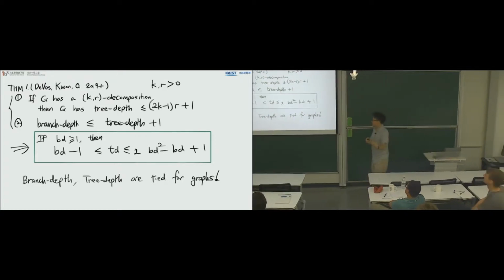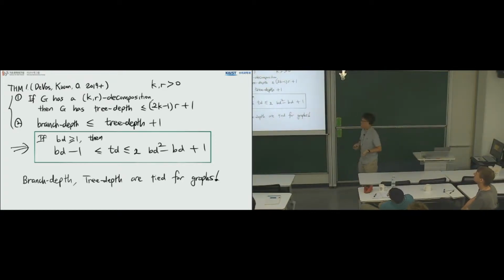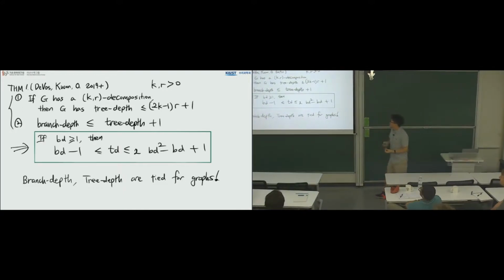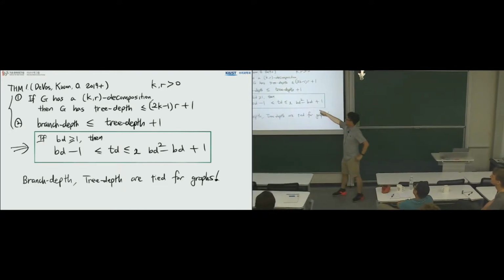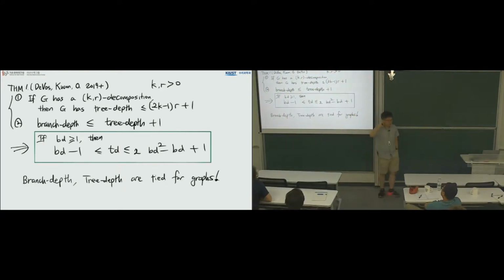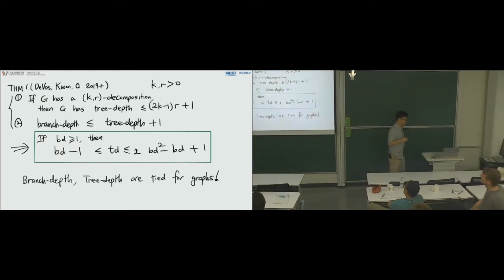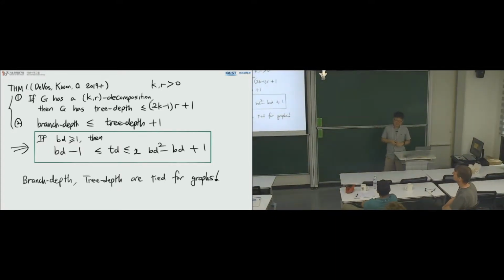So you can bound these two. The tree depth is at most twice the branch depth squared minus the branch depth plus 1. So that's one reason why these two concepts are tied. If one is bounded, the other is bounded.